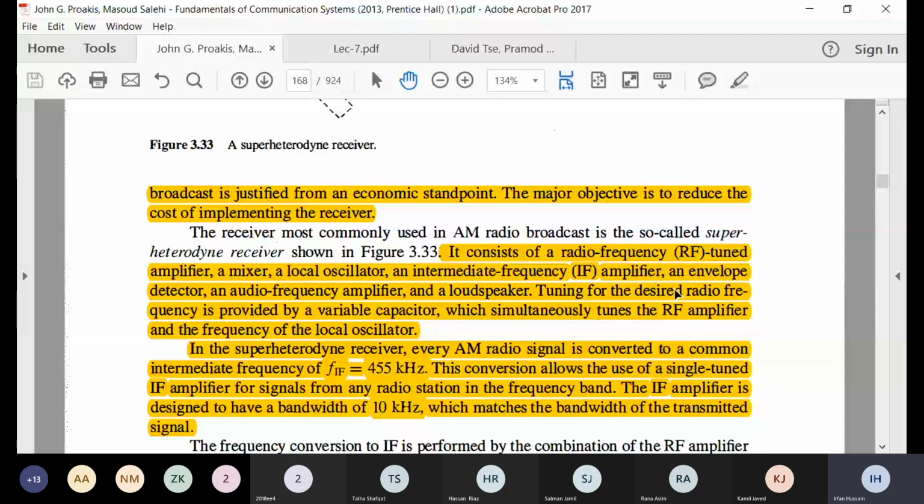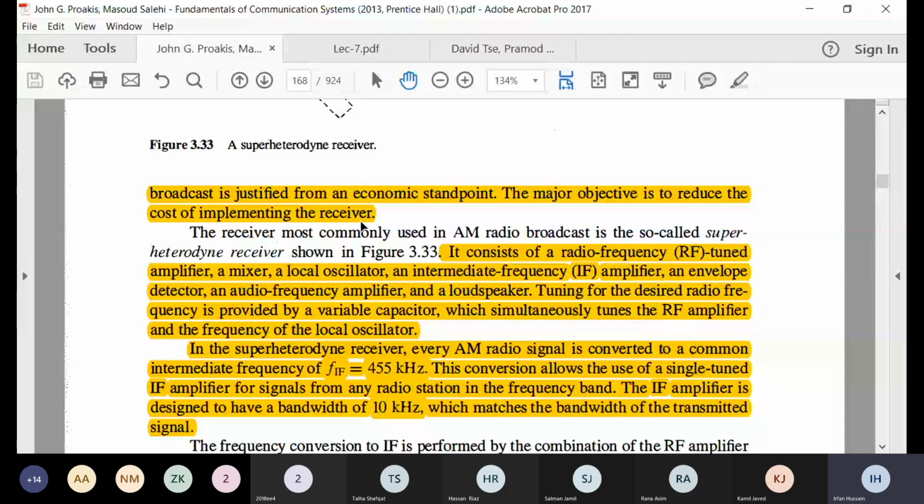With conventional AM, 1 plus a m(t), where we make sure that m(t) is normalized, and we multiply with a modulation index so that it is always less than 1, it becomes a good conventional amplitude modulated signal. So that will obtain the major objective, which is the reduction in the cost of implementing the receiver by using a simple envelope detector.